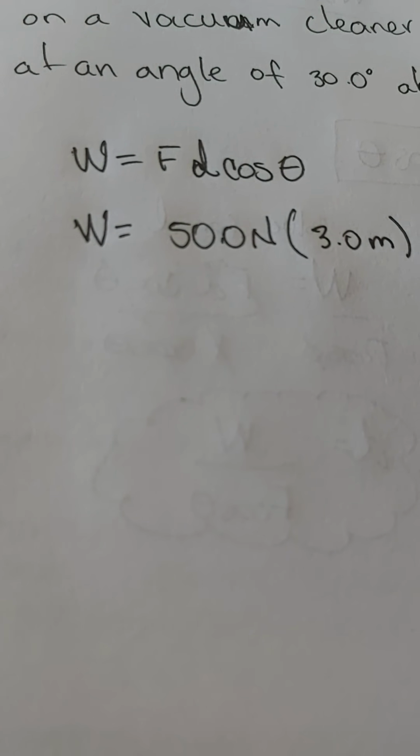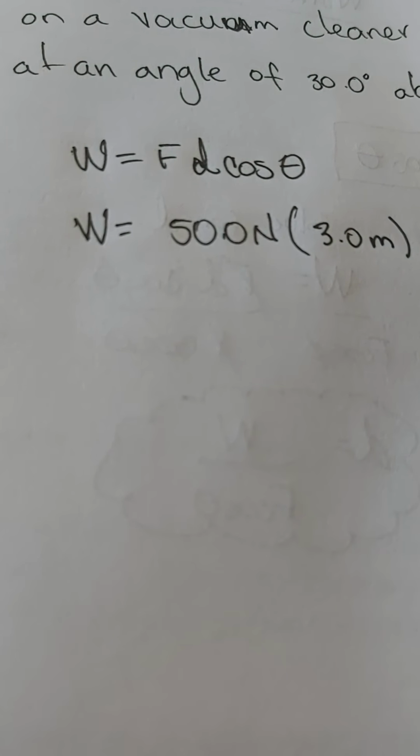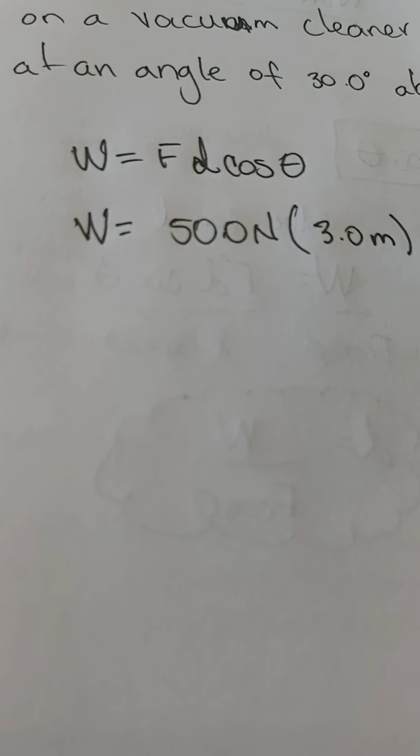Now, we use the formula work equals force times displacement cosine of theta. Work equals, we substitute 50.0 newtons times 3.0 meters times cosine of 30.0 degrees.